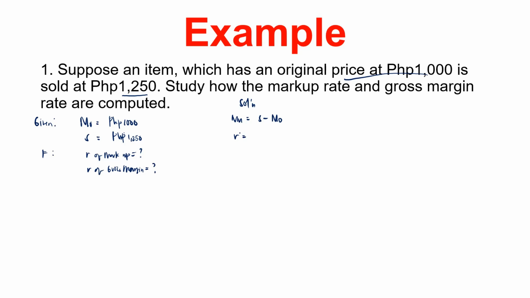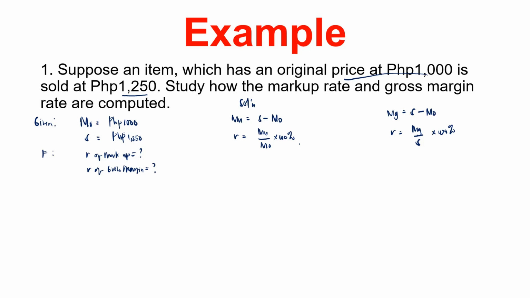For you to get the rate of the markup, markup all over the cost price times 100%. Okay, let's proceed to gross margin. Gross margin is equal to selling price minus cost price, the same with the markup. Rate is equal to gross margin all over the selling price times 100%.